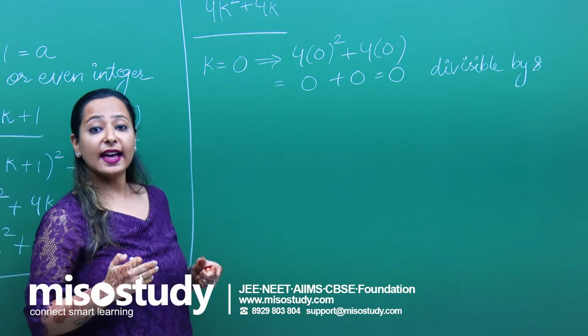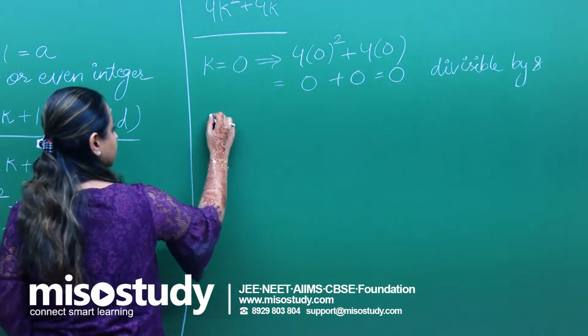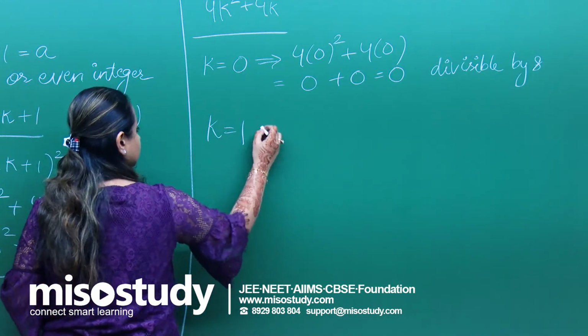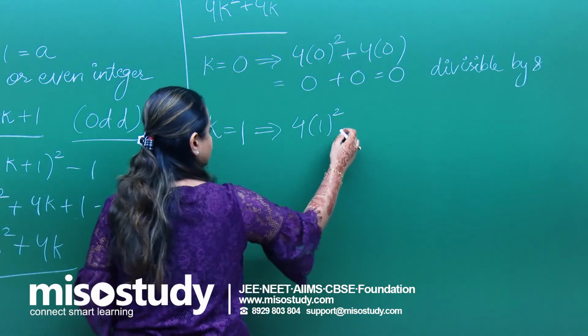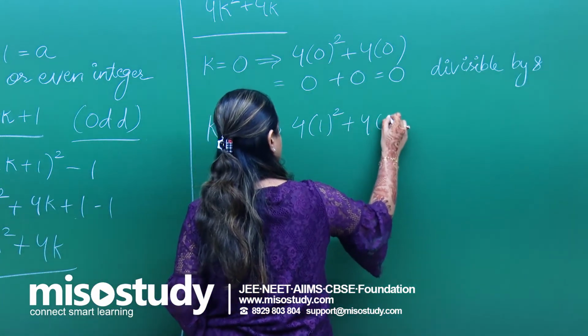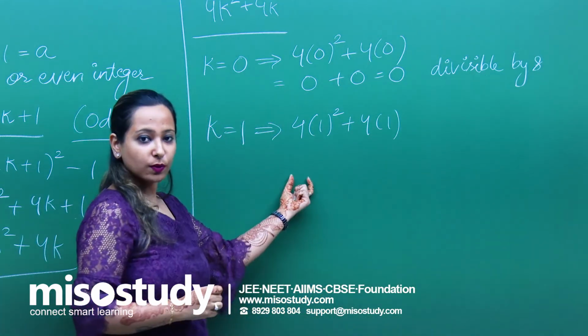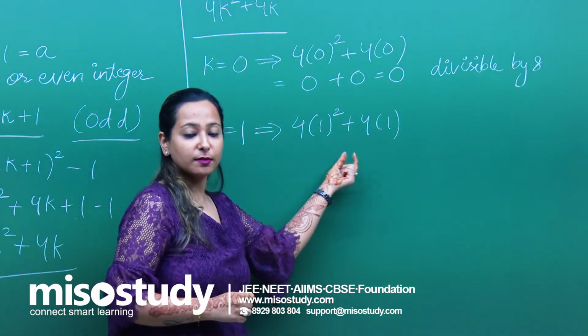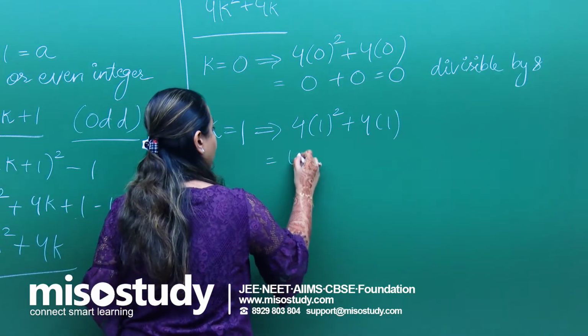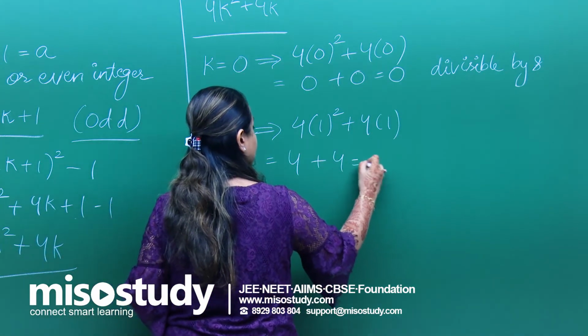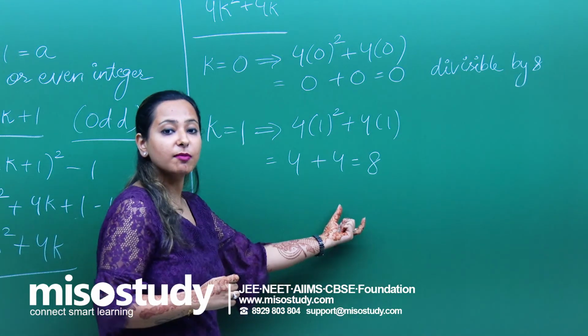Now we will take k as 1. So what will you get? 4 plus 4, because 1 square is 1 itself. So we get 4 plus 4, which is 8. It is again divisible by 8.